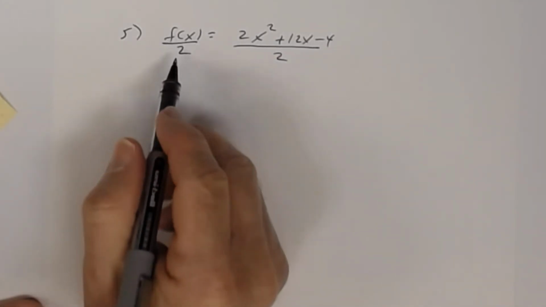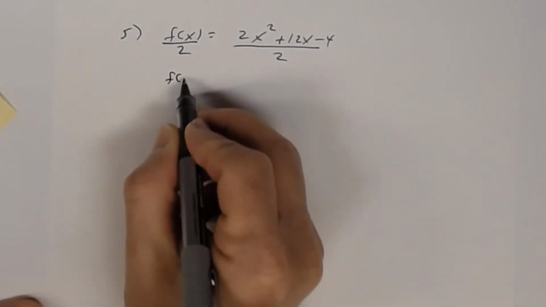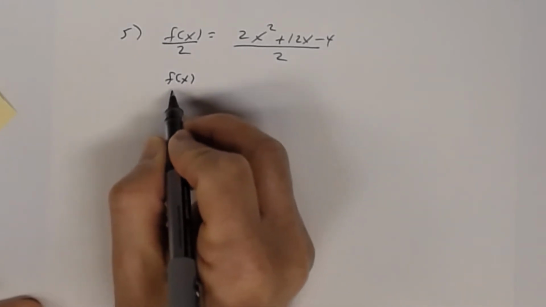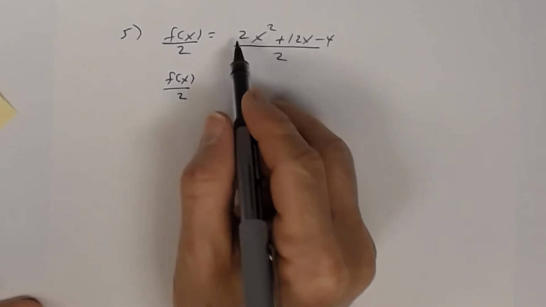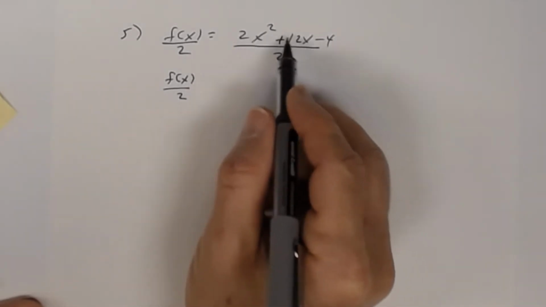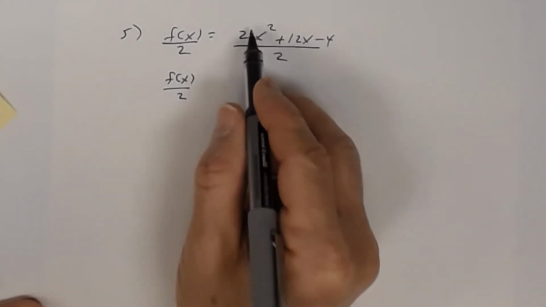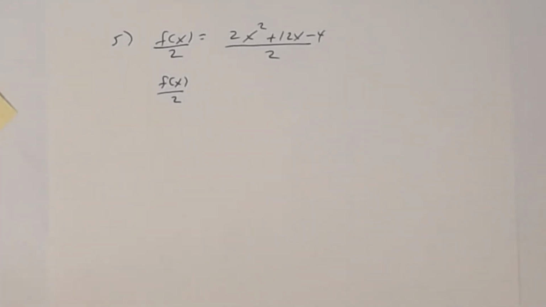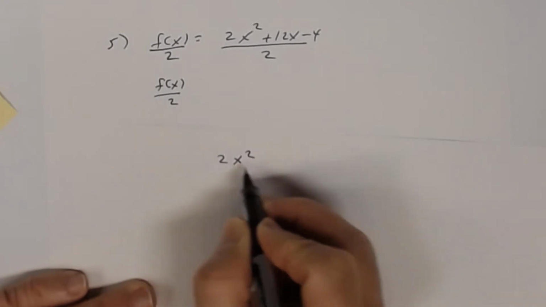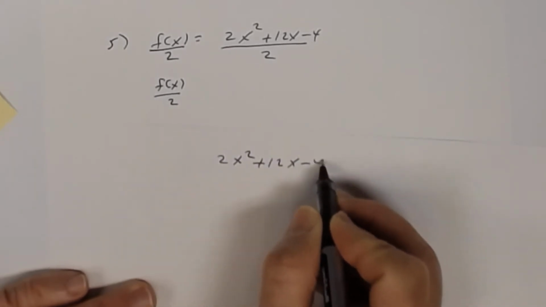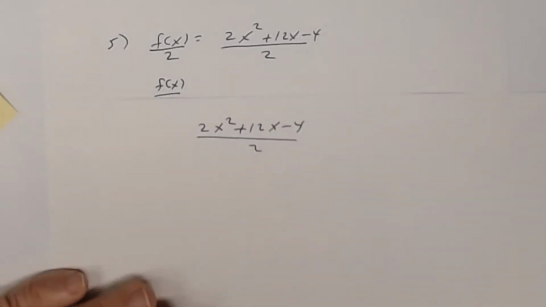Then this becomes f of x divided by 2. Now remember, you have all these terms divided by 2. So that means 2x squared divided by 2. You've had experience with this before in previous classes and even in this one.